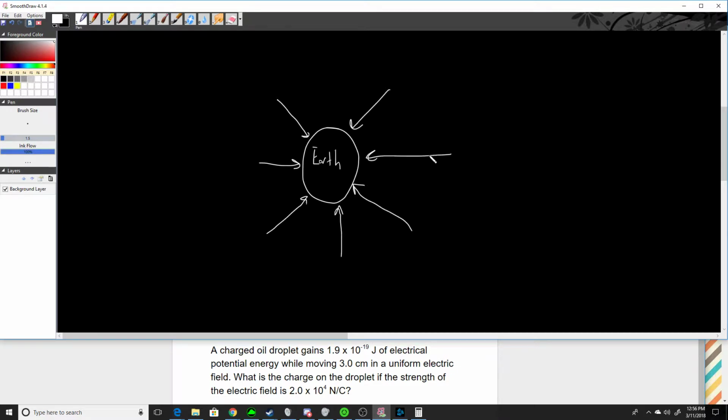Okay. I know my arrows aren't all the same size, but the big thing is, if I have a rather large satellite here, actually a decent looking satellite, okay. I know that there's some gravitational potential energy here. The satellite has the potential to fall to Earth. And so to figure out the gravitational potential energy, I just take the mass of the satellite times the acceleration due to gravity times the height, okay?